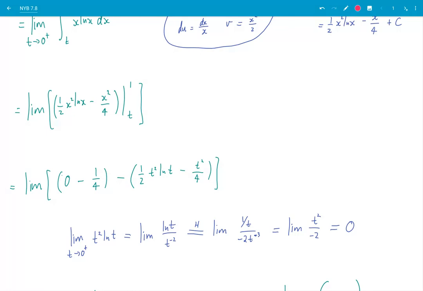And then I say, hold your horses. t squared ln t. That is of the form 0 times minus infinity.